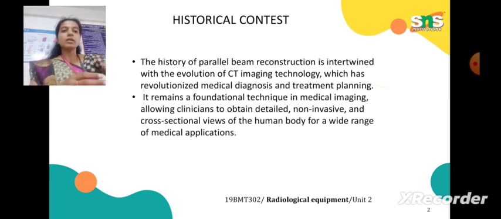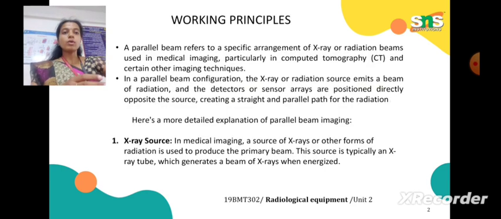Next, the working principle. A parallel beam refers to a specific arrangement of X-rays or radiation beams used in medical imaging, particularly in computed tomography, where all the rays are parallel to each other.